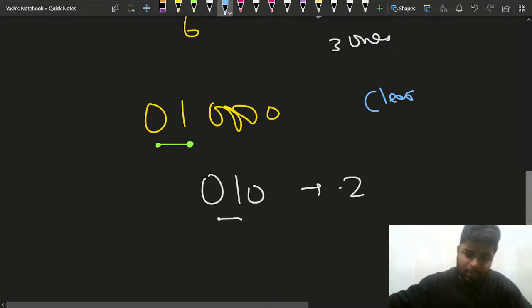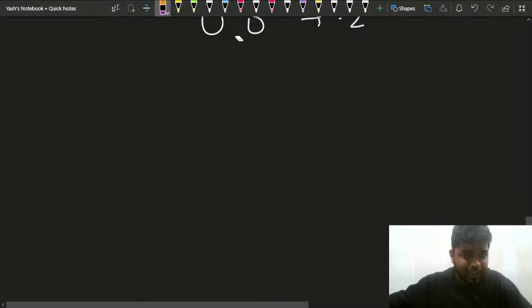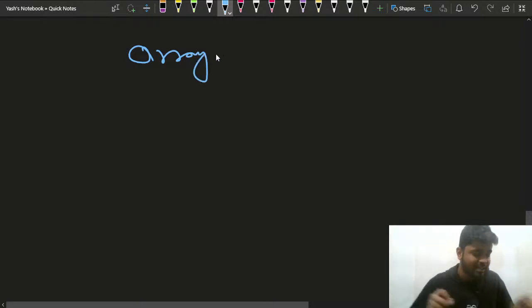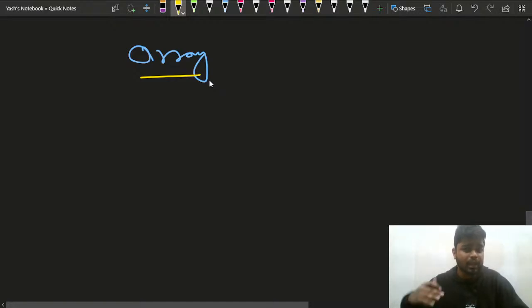So if the problem statement is clear to everyone, you will be given an array and you have to find the length of the longest subarray which is having equal number of zeros and ones, right? Given an array, find the length of the longest subarray which will be having equal number of zeros and ones.